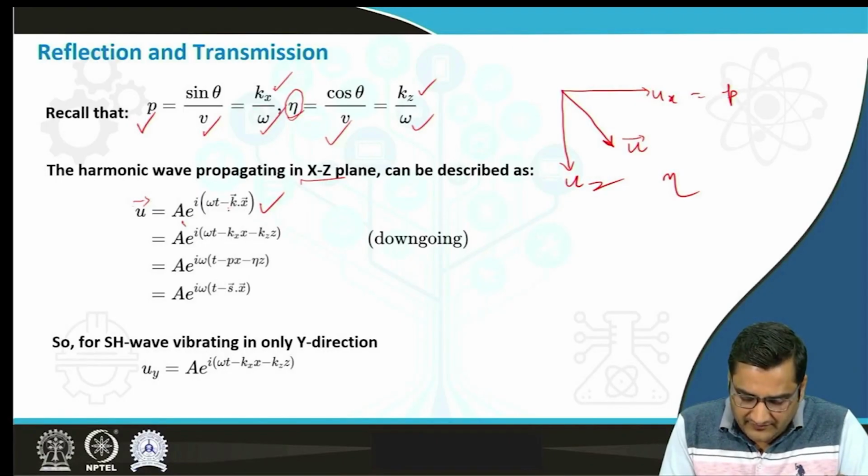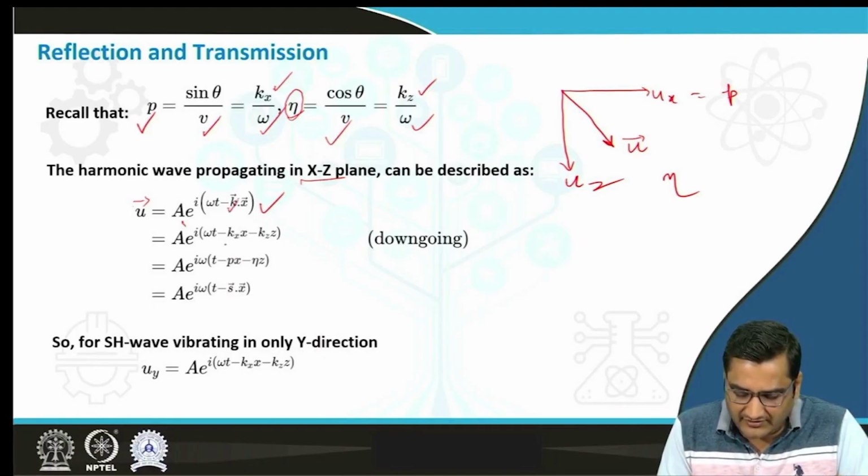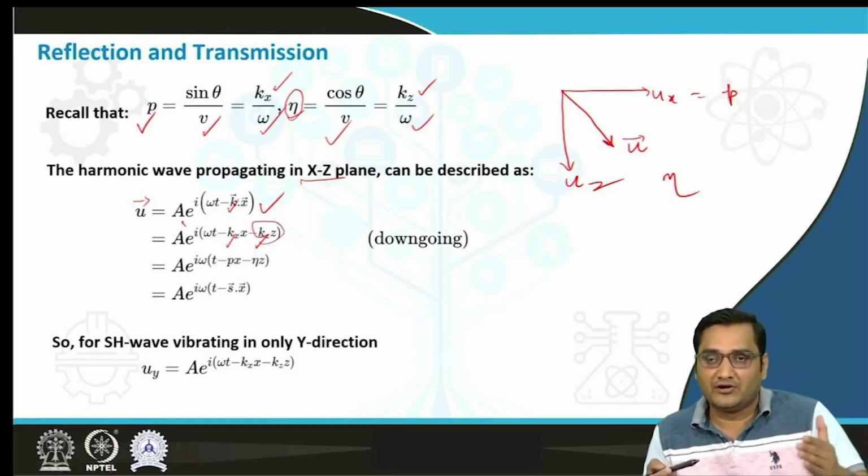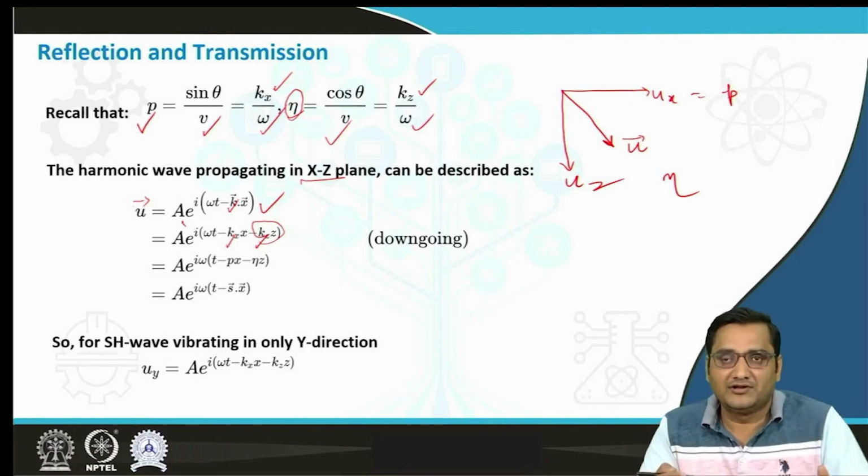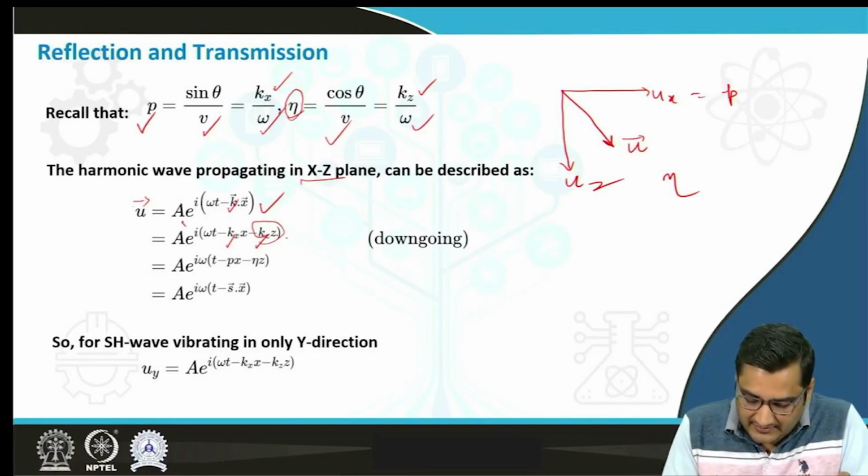What we have done is decompose the wave number into its horizontal and vertical wave numbers. Since the wave is downgoing, we are taking this z term as negative, because z is positive downward. If we take omega outside, that is A e to the power iota omega, then in brackets we are left with t minus p x minus neta z.